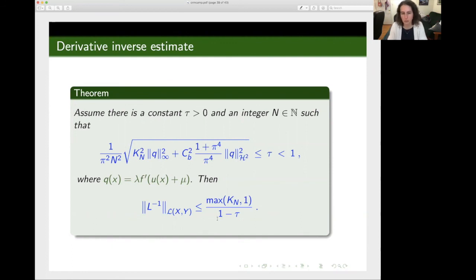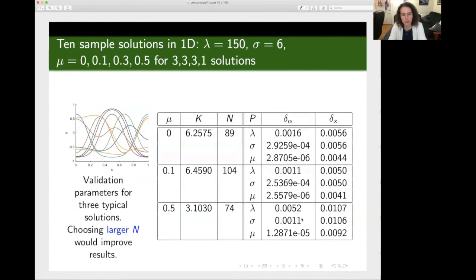So you can see the 1 minus tau sort of indicates where the Neumann series comes into this estimate. So using this, we are able to come up with estimates for K, which is this whole piece here. And we're able to get solutions in 1, 2, and 3 dimensions.